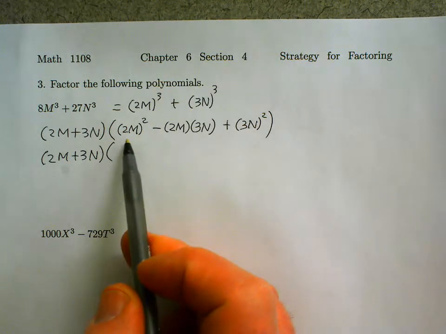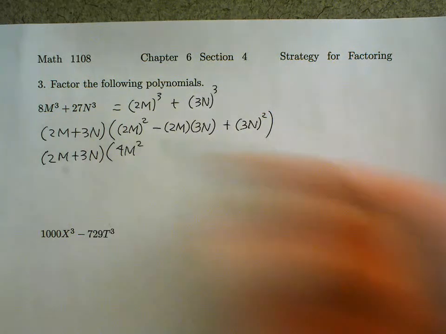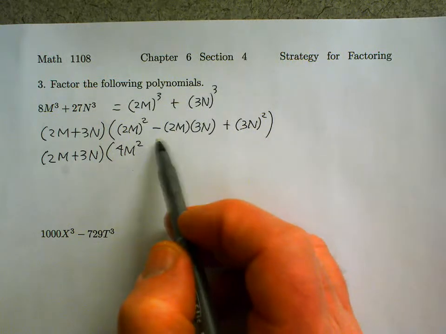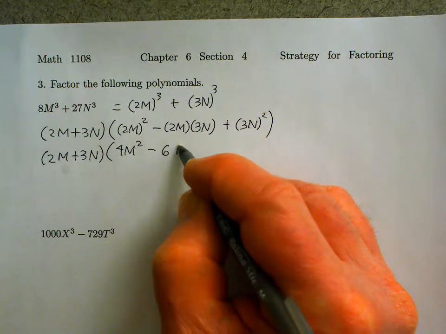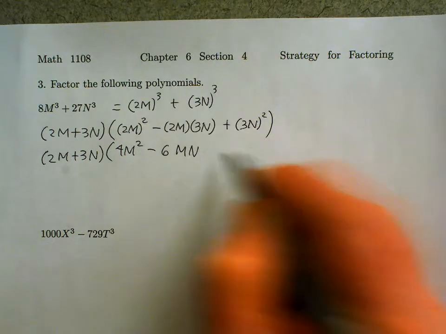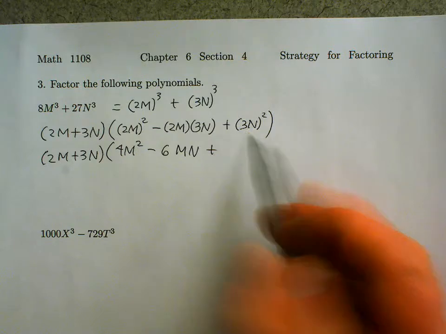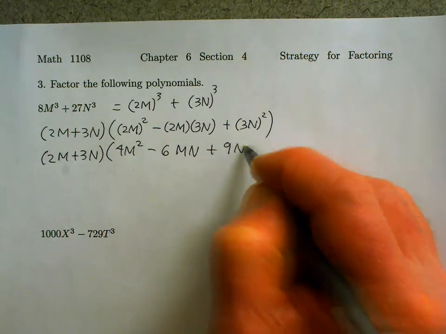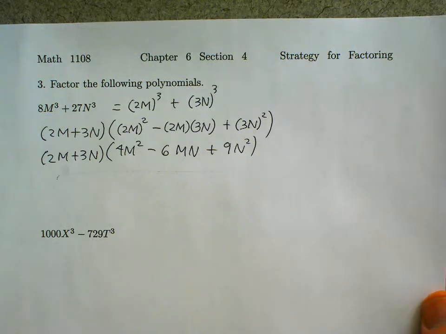When we square 2m, 2m times 2m is 4m to the second. And then minus 2m times 3n is minus 6mn. And then plus, when we square the term 3n, we get 9n to the second. So this is our factorization of the sum of cubes.